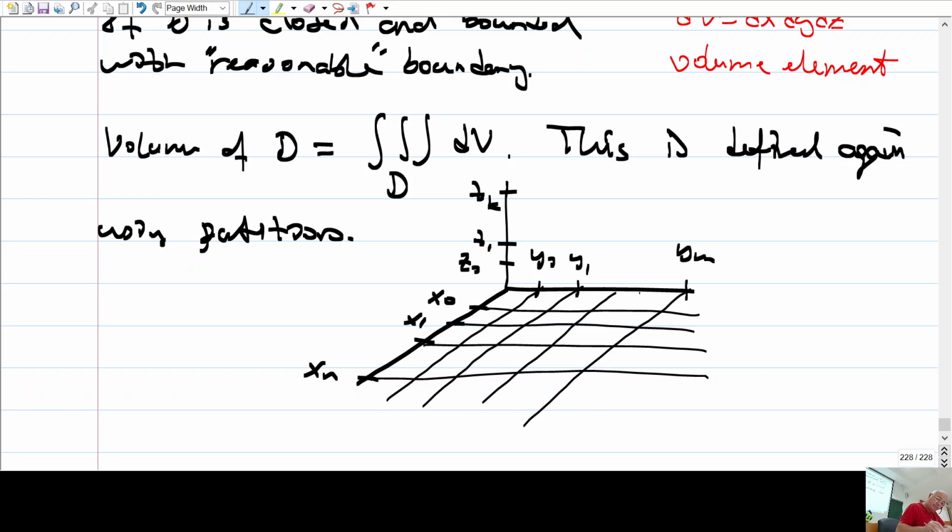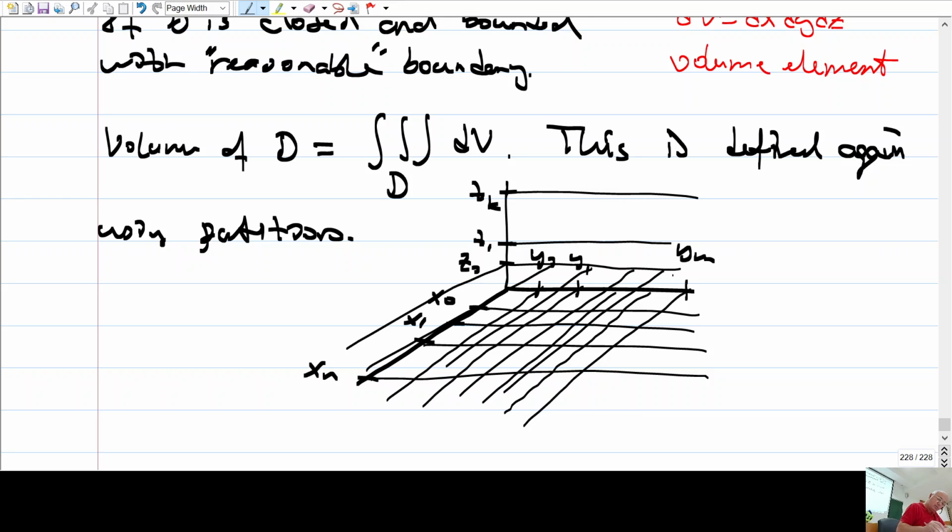And you have the same thing in the z direction, and you just have this all over. So you just divide the three-space into little boxes. A typical box will be something like this.